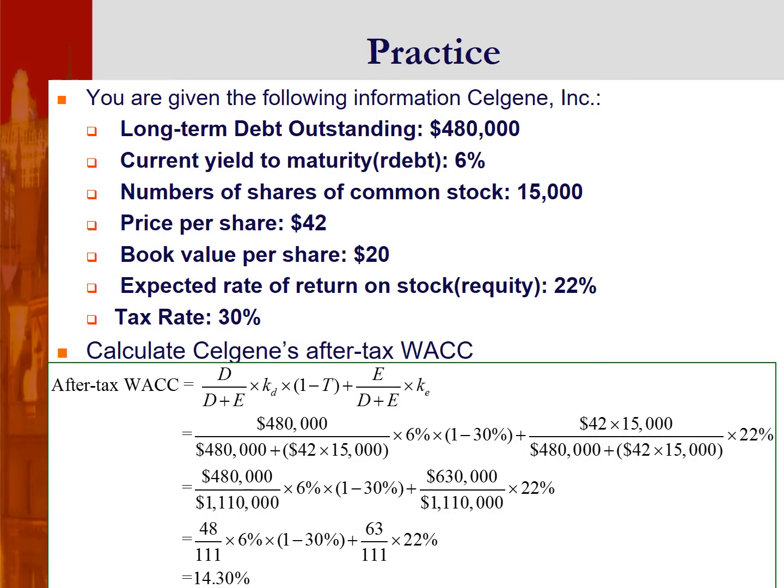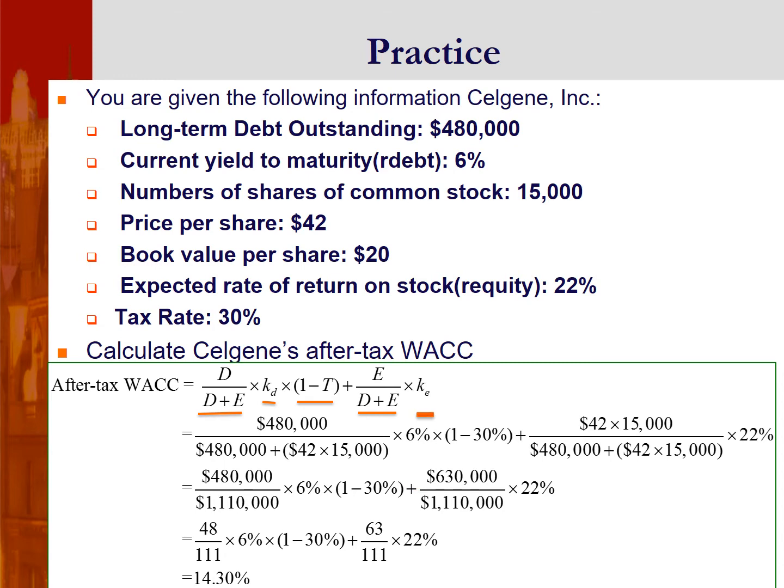Practice problem. The after-tax weighted average cost of capital is calculated as debt fraction of capital structure times pre-tax cost of debt times 1 minus tax rate, plus equity fraction of capital structure times cost of equity.